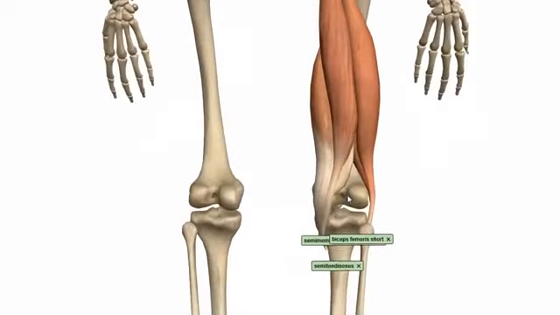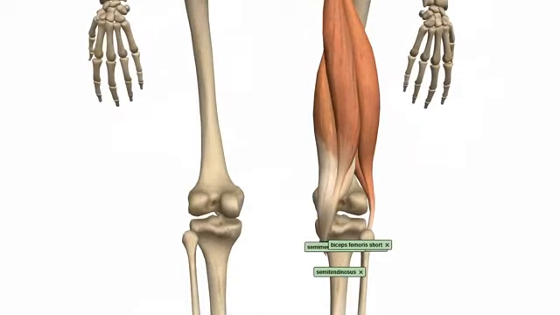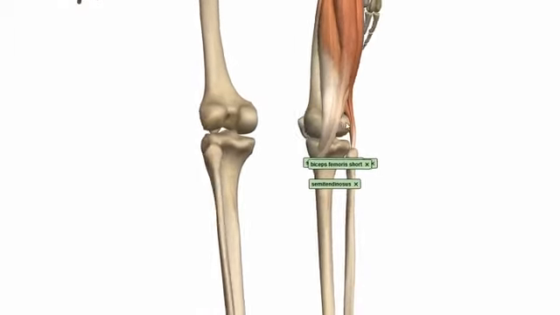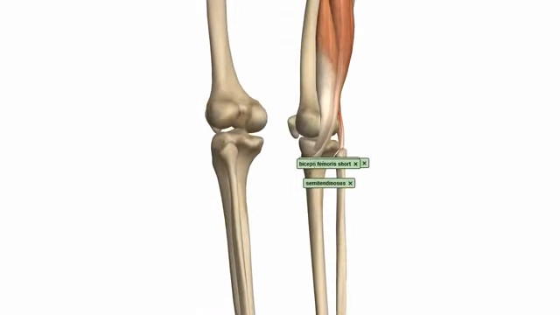So the semitendinosus is the one that sits on the top, and it's medial to the biceps femoris muscle, and it runs down and inserts on the medial surface of the proximal tibia. So it inserts just behind the gracilis muscle.